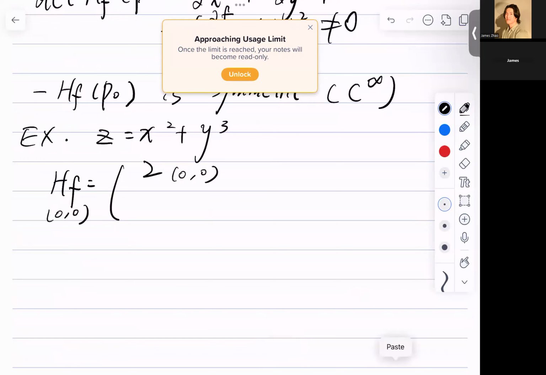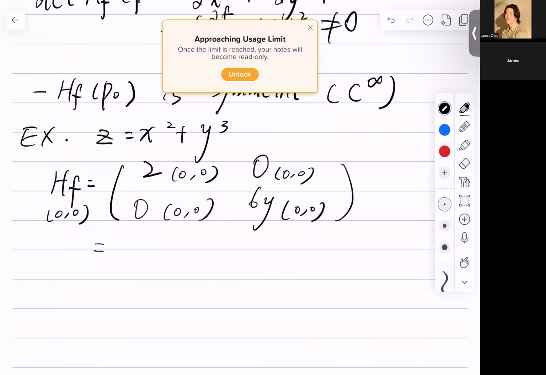And what about if we take the derivative of x first and then y? It's 0, right? And the same thing happens here. And for the last entry, we take the derivative of y twice, and we have 6y. And it is evaluated at 0, 0 again, which gives us the matrix 2, 0, 0, 0.